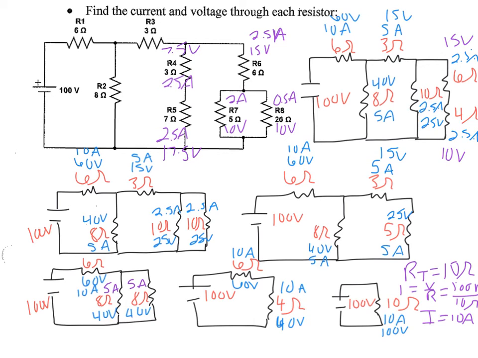The 8 ohm resistor is the same as this resistor, 40 volts and 5 amps. The 3 ohm resistor is 15 volts and 5 amps. And finally, that 6 ohm resistor was 60 volts and 10 amps.